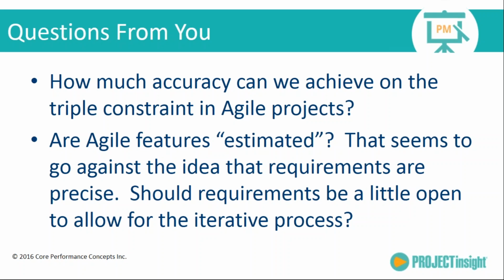So you can achieve just as much accuracy in either methodology, and on the opposite end, you can fail just as easily in either. It really comes down to how well you're managing that critical path and getting done the things that need to get done to the level that's necessary for gaining acceptance.